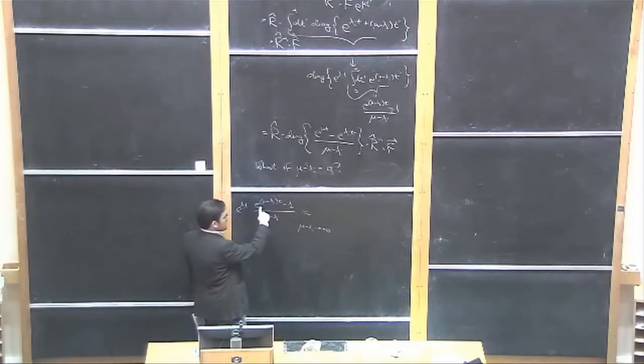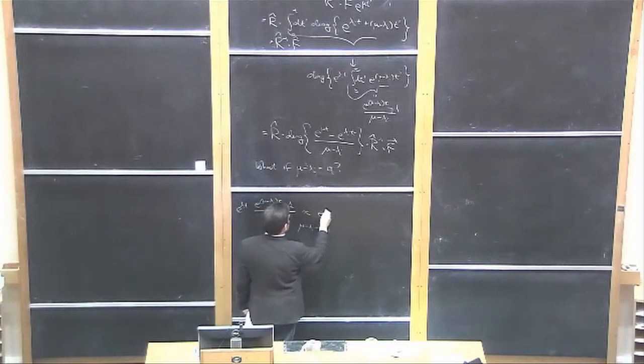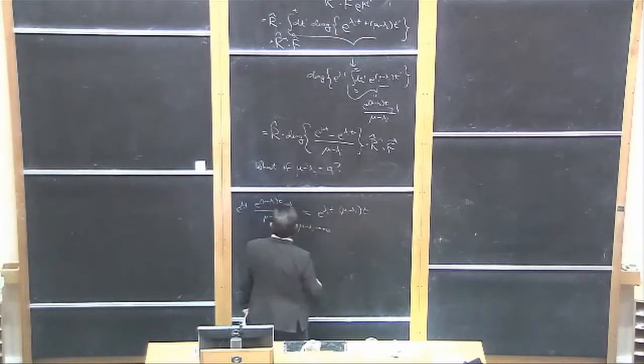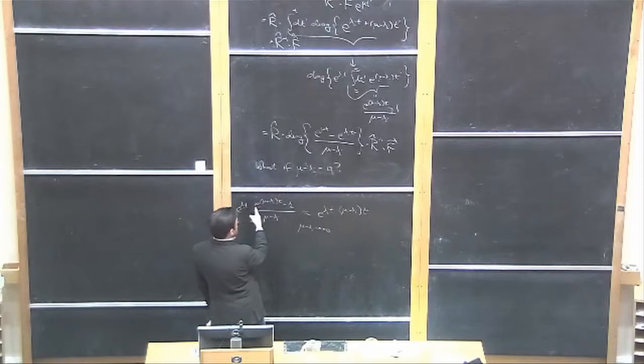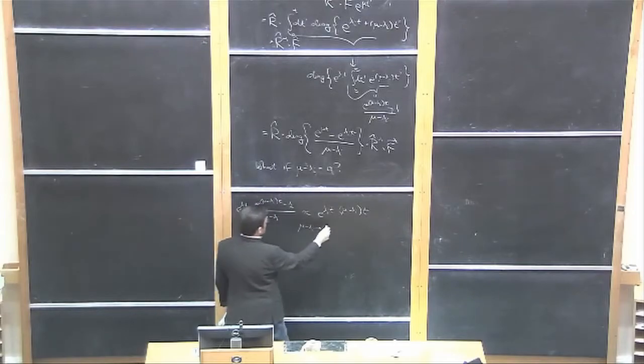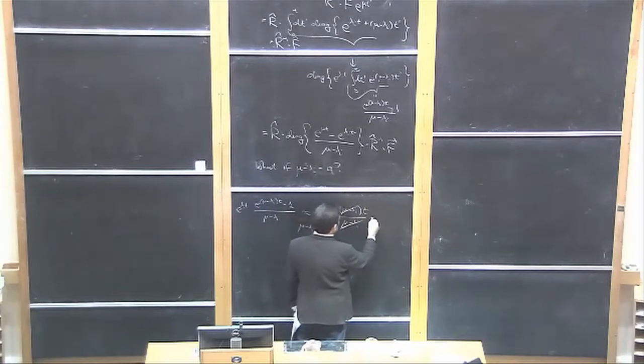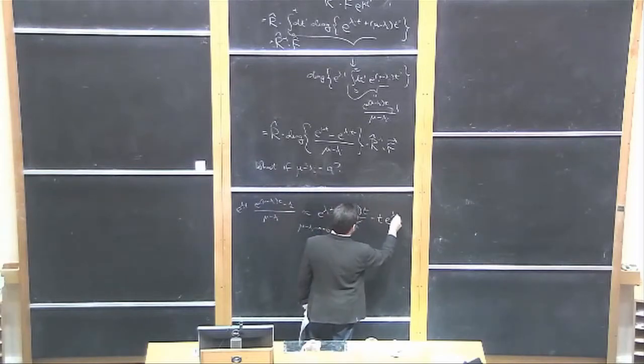Well, if we take it to plus 0, we just expand this exponential. So this is e to the lambda I t, (mu minus lambda I) t. So this exponential is 1 plus this, and minus 1. That's all I'm left with, divided by mu minus lambda I, which cancels. And I get t e to the lambda I t.